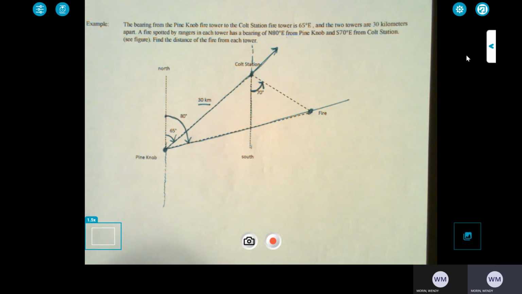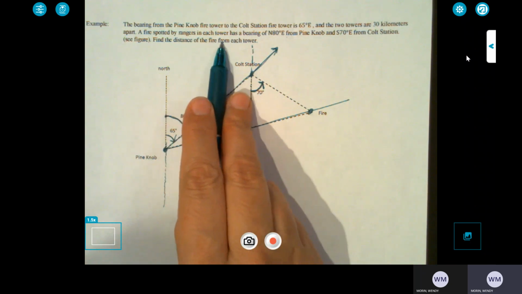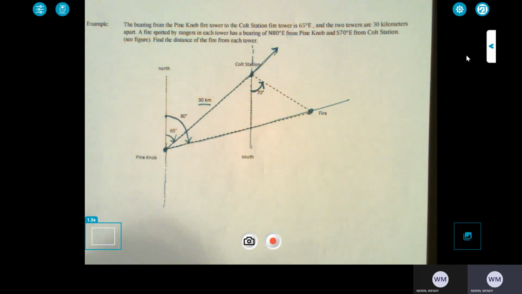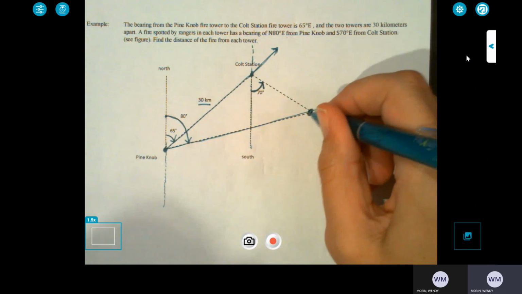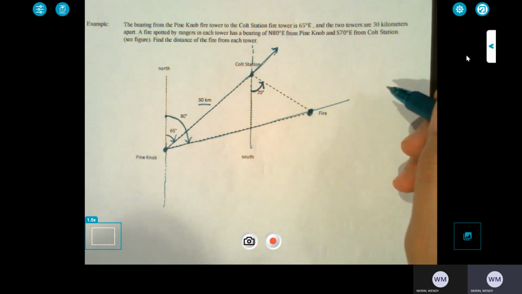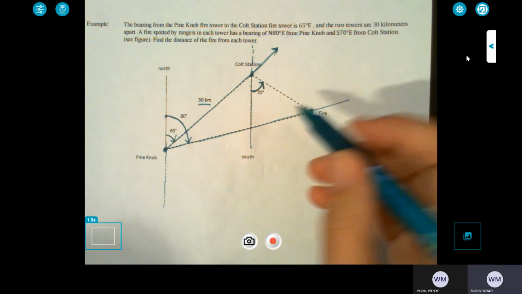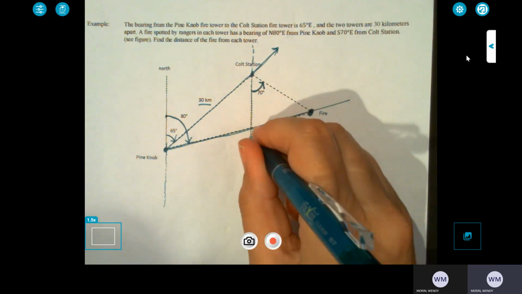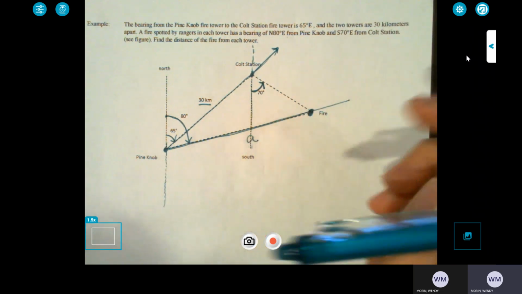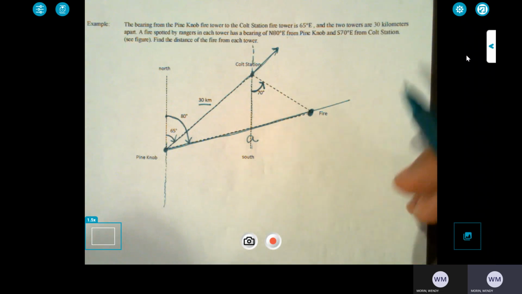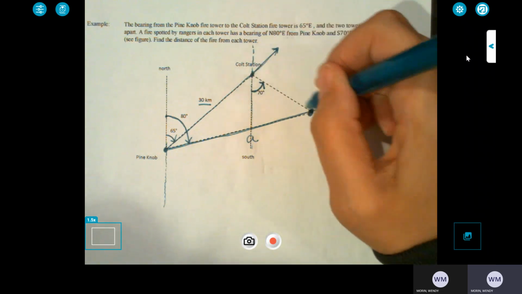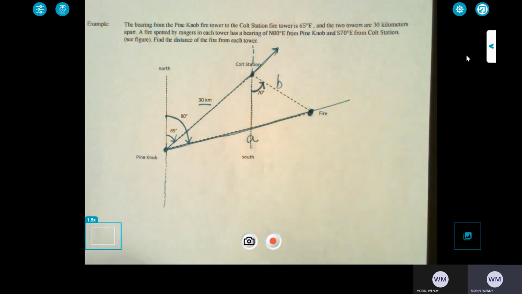Okay. Find the distance of the fire from each tower. From each tower. So again, here's the fire right here. We can call this whole side A. And from this tower to the fire, from here to here, let's call that side B. So that's what we need to find.